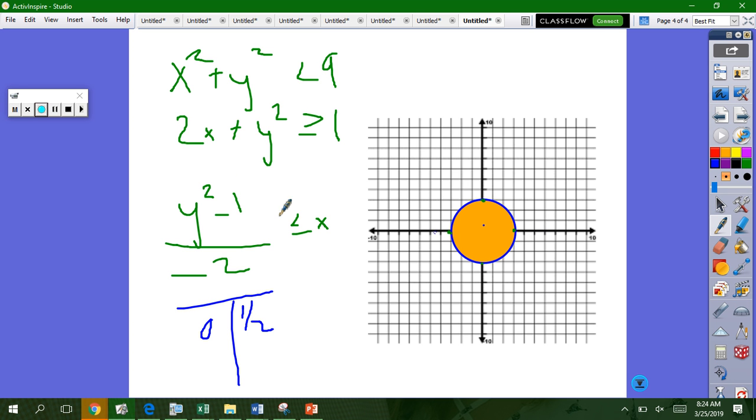Whoa, that was vice versa. I plugged 0 in for y, I got a half, so it should be here. All right, let's go ahead and plug in 1 for y. 1 squared, 1, 1 minus 1, 0.